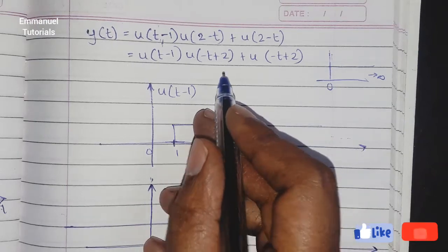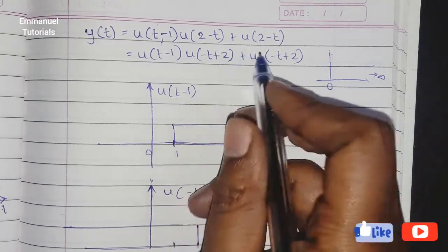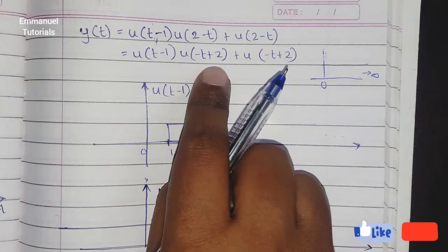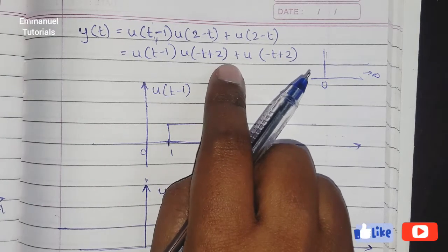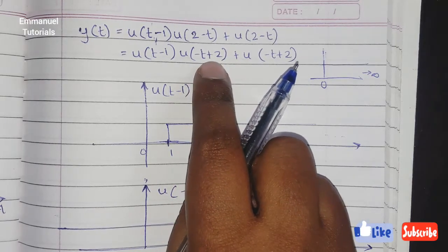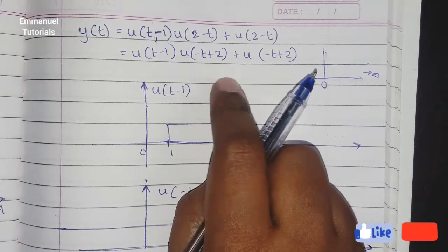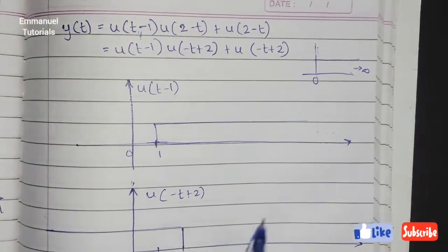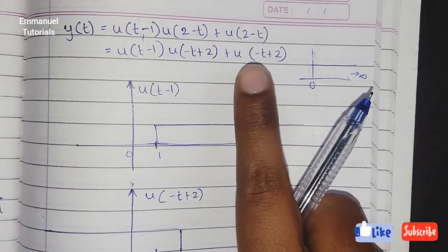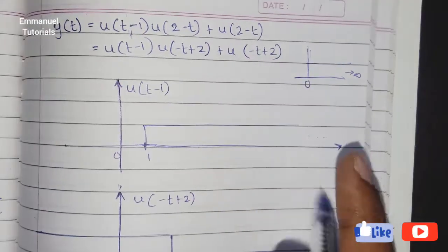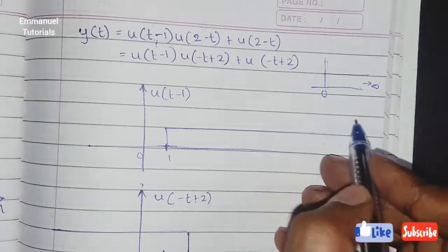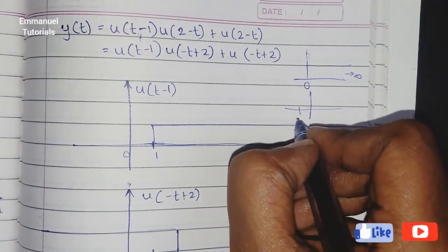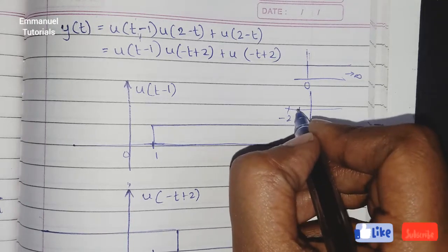Now the next signal is u of minus t plus 2. Here two operations are taking place. One is time shifting and one is time reversal. We always perform time shifting first. We have shifted the unit step signal by 2 and this is an advanced version. So advancing the unit step by 2 means it will start from minus 2, right?